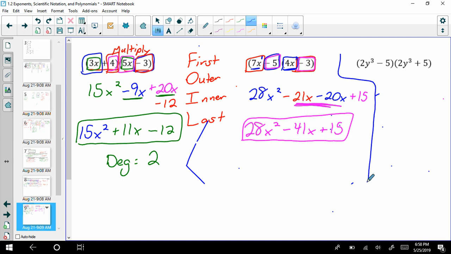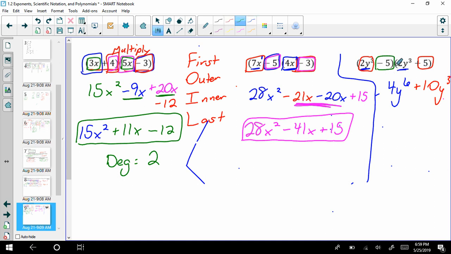Next one. I'm going to FOIL it. First times first. So 2y cubed and 2y cubed would be 4y, and remember I add the exponents. So 4y to the 6th. Outer, so 2y cubed times 5 would be 10y cubed.